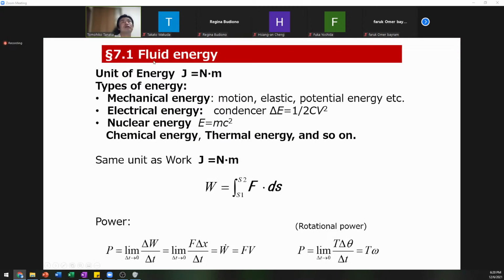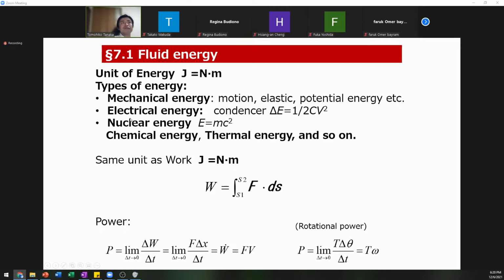So first of all, we would like to review the unit of energy, joule, equals Newton times meter. And also, probably you have learned already types of energy: mechanical energy, motion, elastic, potential energy, and so on.